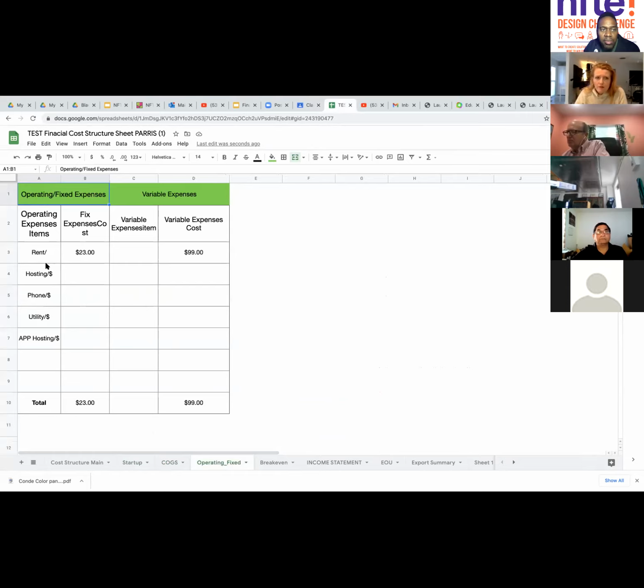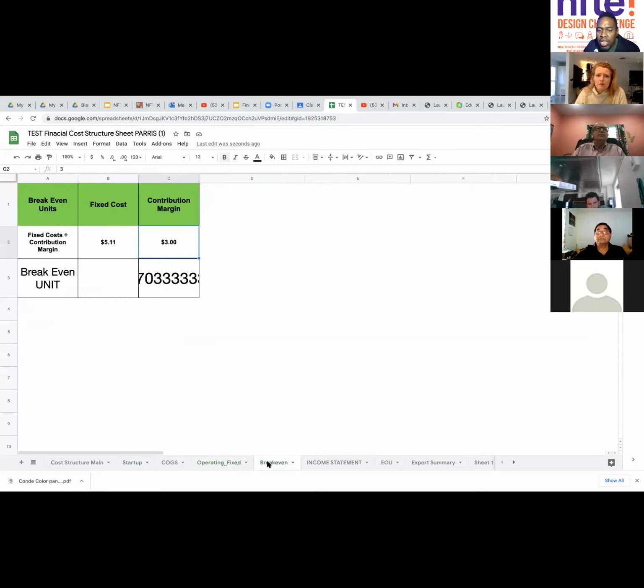Operating fixed expense, rent, you just put the numbers in and it gives you that total right here. If you have any variable expense, you pop it in here and it calculates for you. Break even, fixed divided by the contribution margin, will give you that number here.